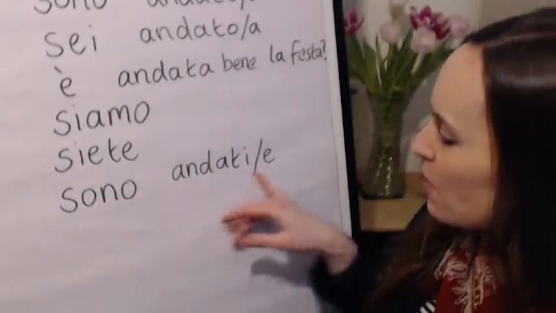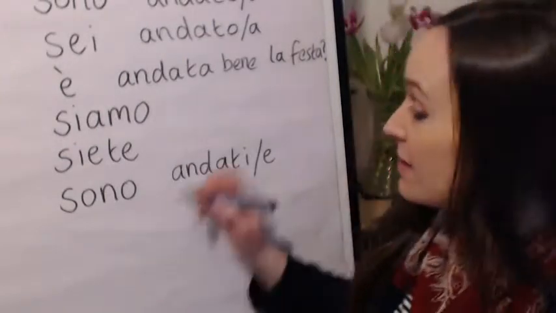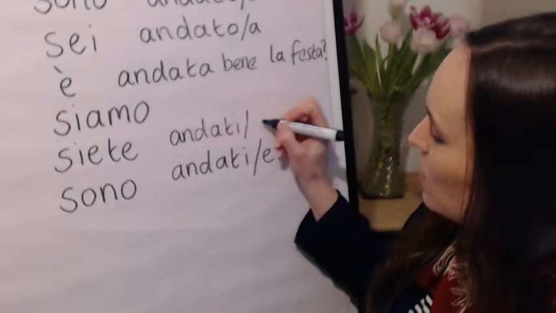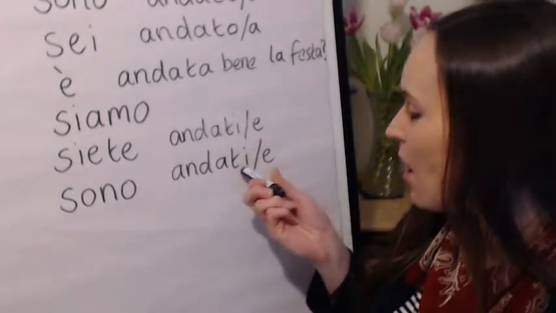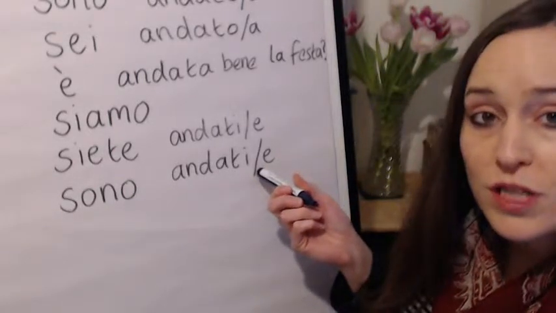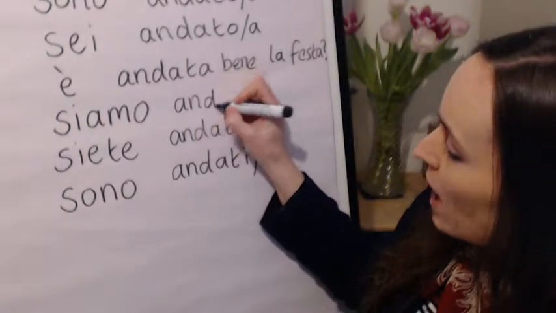Okay, so that means they went. Voi siete andati. Voi siete andate. So the endings are basically either going to be I or E, depending on the gender of who you're describing or talking to. And it's also the same when you're saying we went.